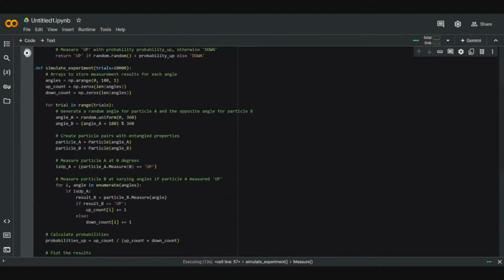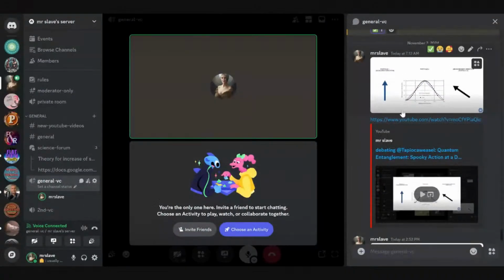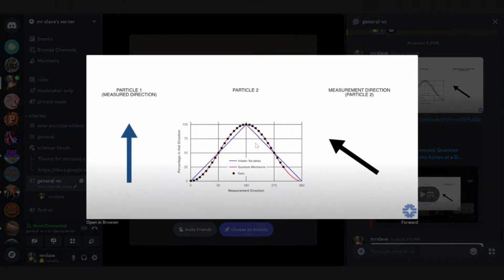You know exactly what it's going to look like, right? I'm trying to recreate this, and I want to show that, of course, I'm going to get the red line. Of course, right? I'm simulating. I'm not simulating quantum.